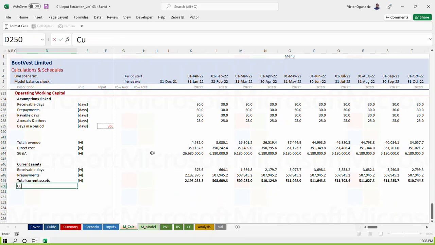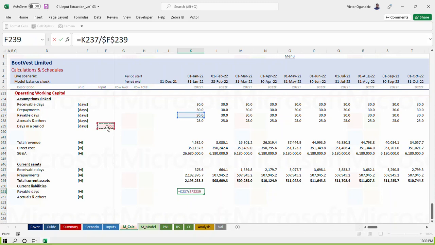And then for the current liabilities, so we have our accrual, payable, and okay, so these two. That will be equal to payable days divided by days in a period, then multiply by direct costs, some of our costs.